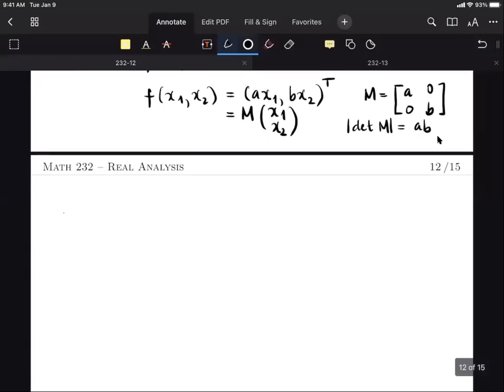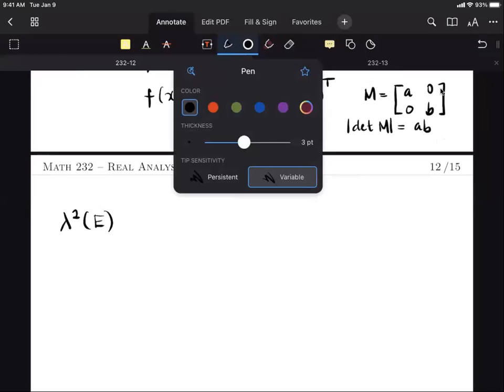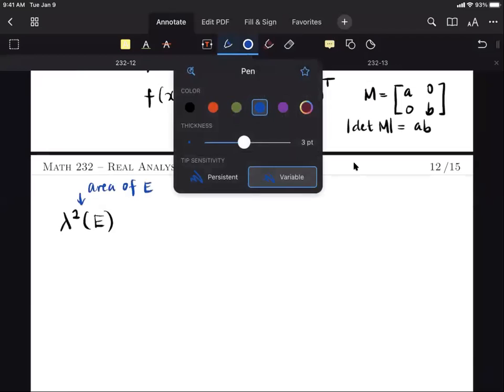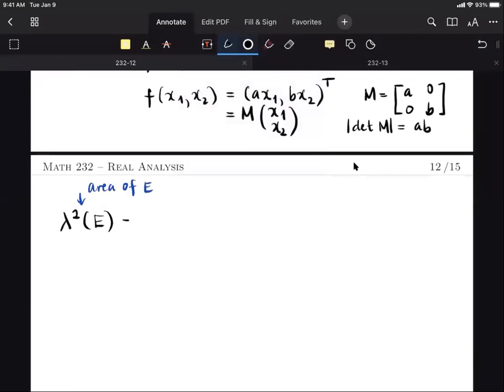So we can now calculate the two-dimensional Lebesgue measure of the ellipse. And this is nothing but the area. This is the Lebesgue integral over E of dy. Here, if you want to be more precise, you need to put d lambda of y.